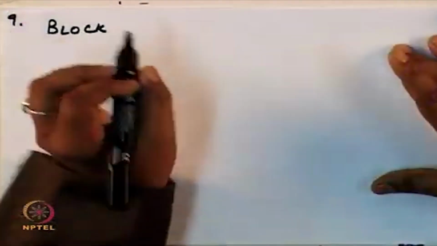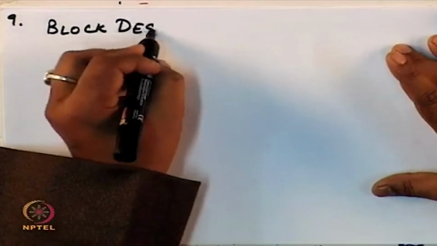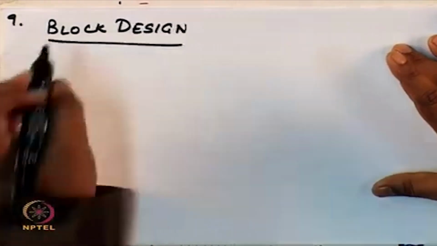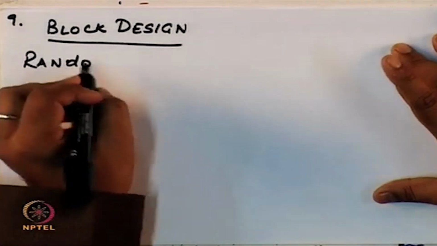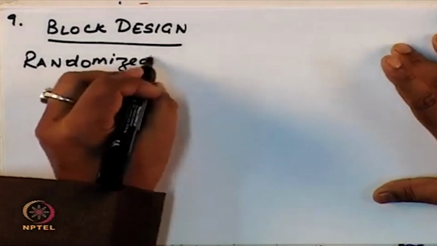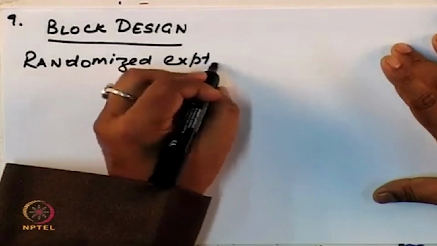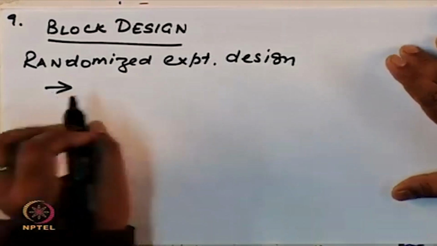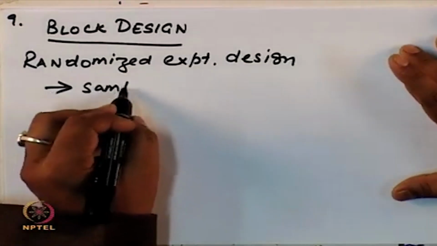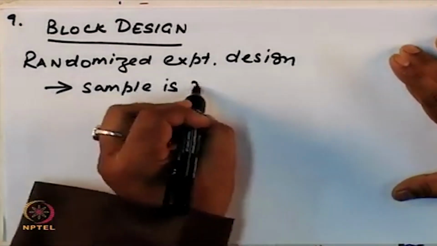I will discuss one other concept, which is the concept of block design. When you do randomized experimental design, this works very well when your sample is reasonably homogeneous.